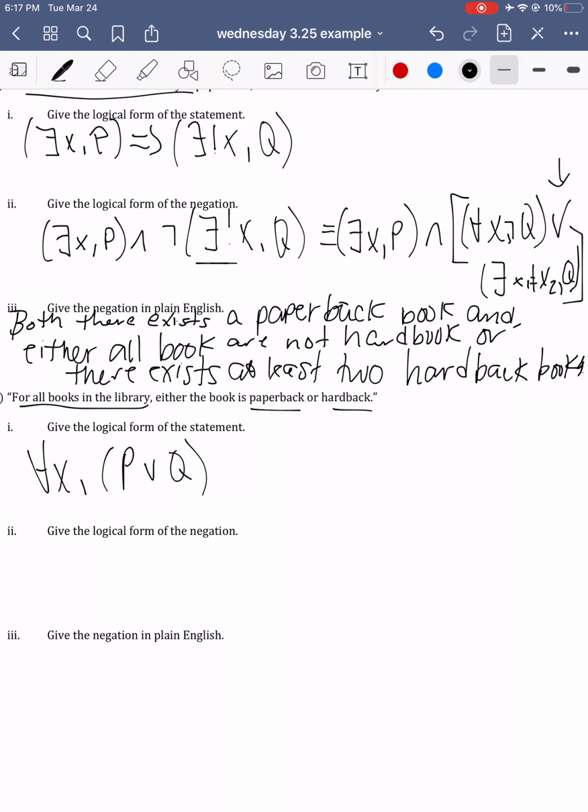And then to negate this whole thing here, we negate the first part. Negation for all is that there exists. And then we need to negate this or statement.